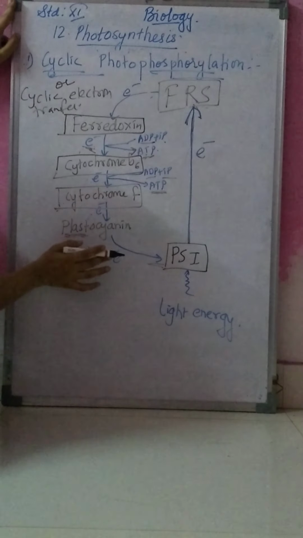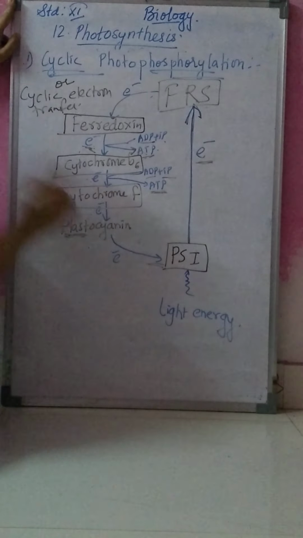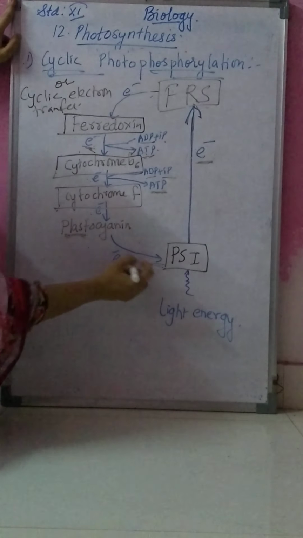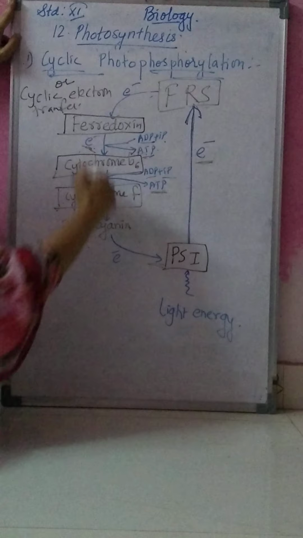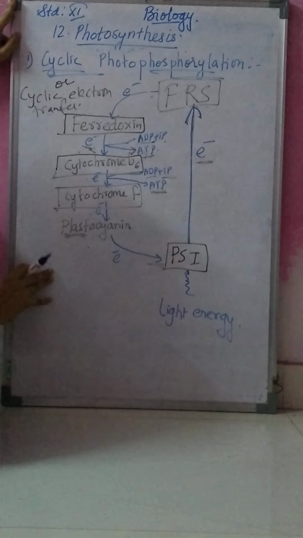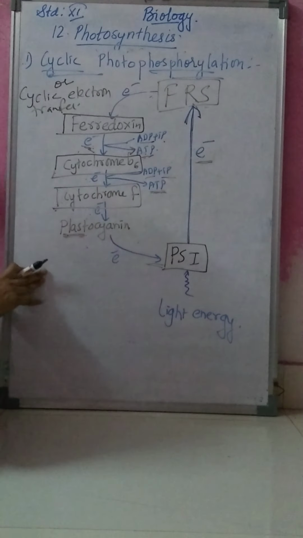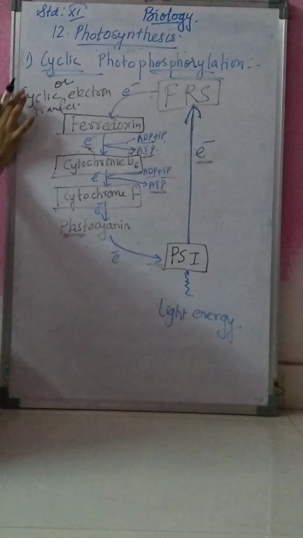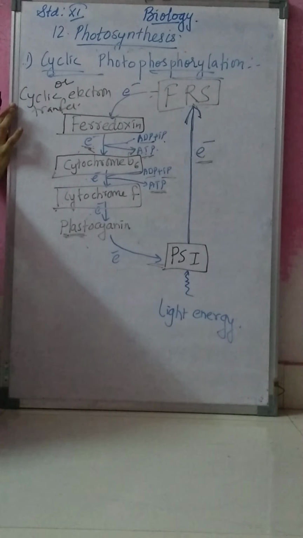So the electrons which are emitted by photosystem 1 come back to photosystem 1 in a cyclic manner. This type of electron transfer is known as cyclic photophosphorylation or cyclic electron transfer.